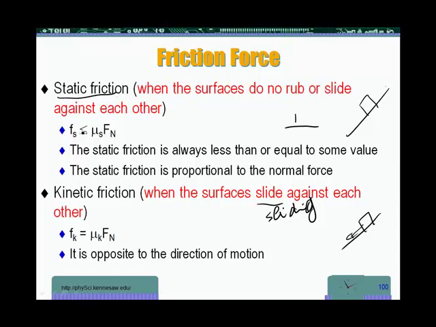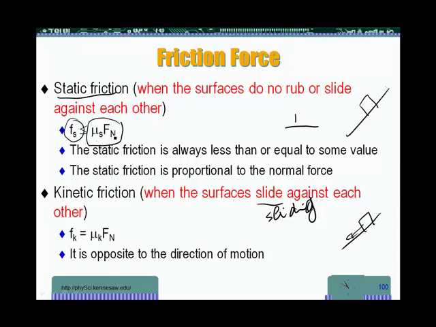The expression says the static friction force is smaller or equal to a certain mu times the normal force. Let's try to understand what that means. One of the things it means is the static friction force has a maximum value, but it can go from 0 up to that maximum value.